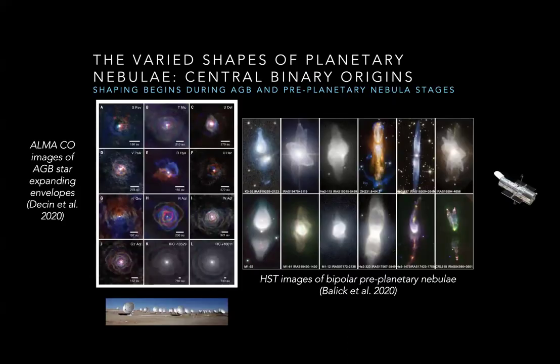And observations have backed this idea up. We see from ALMA, the Atacama Large Millimeter Array interferometer in Chile, examples of asymptotic giant branch red giant stars that are losing mass in these spiral patterns that are predicted. And we see these bilobe structures right after the red giant has started to transform itself into a planetary nebula.